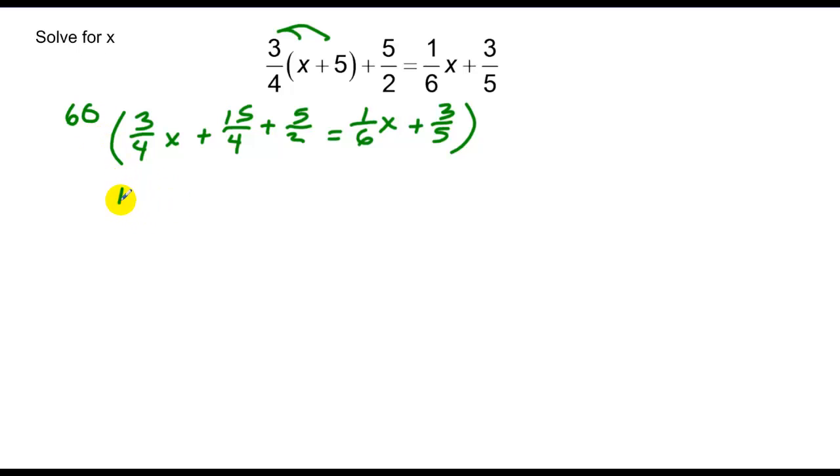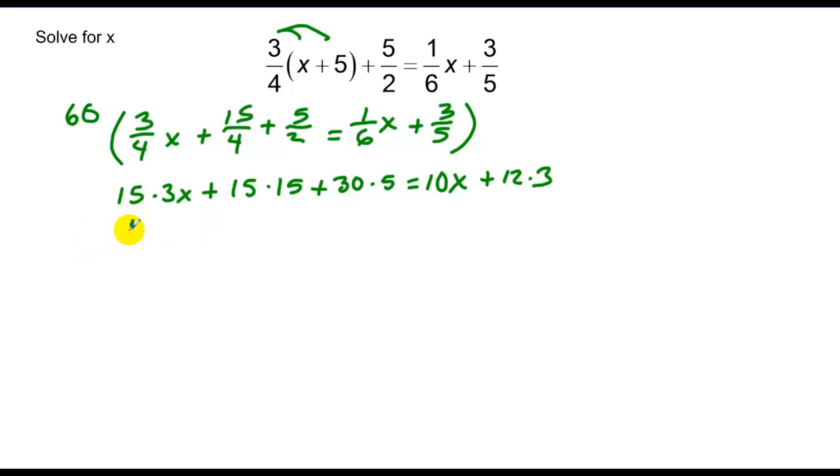60 over 4 is 15. So I have 15 times 3x. Once again, 60 over 4 is 15, so I have 15 times 15. 60 over 2 is 30. So 30 times 5. 60 over 6 is 10, giving me 10x. And 60 over 5 is 12. It's 12 times 3.